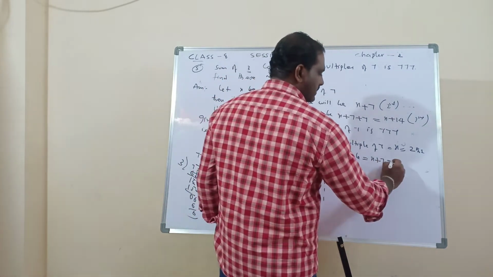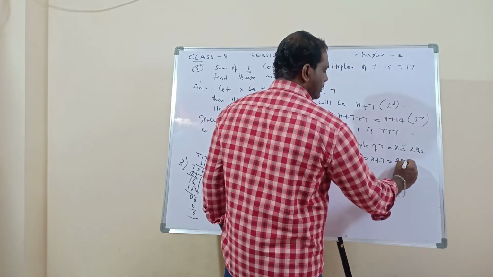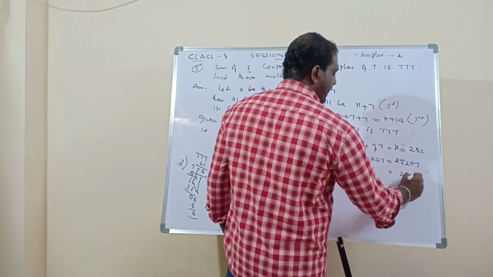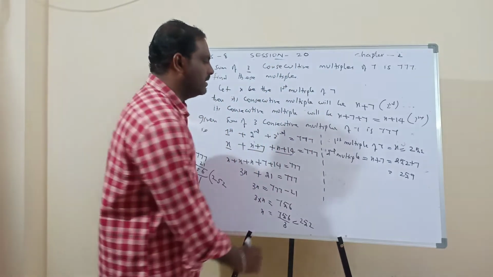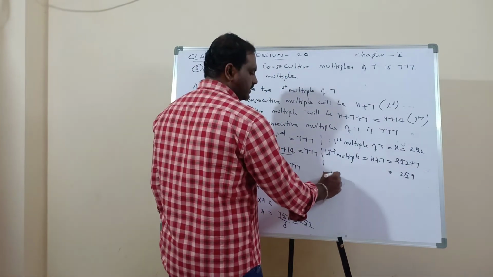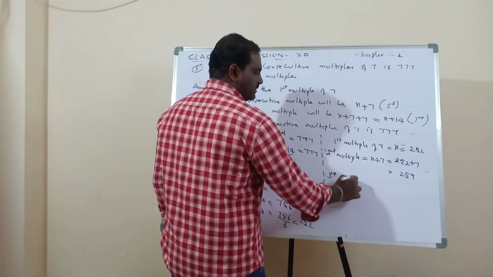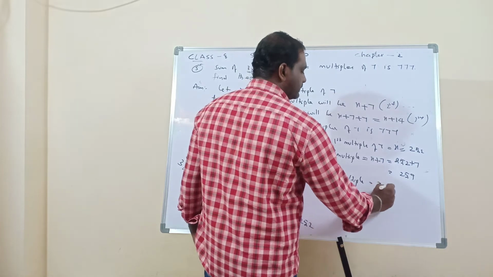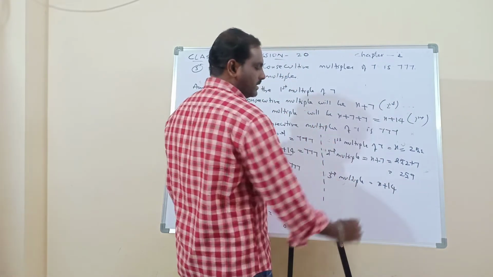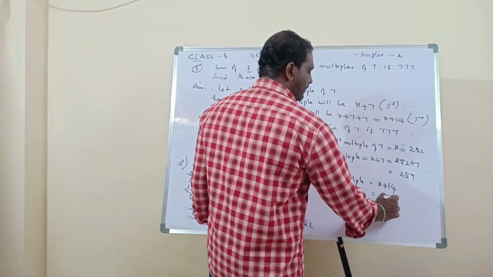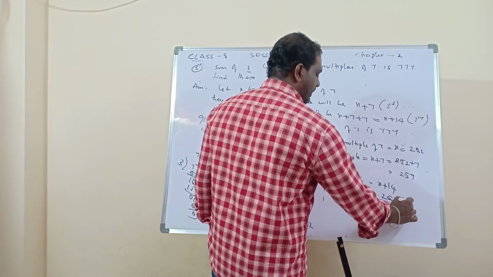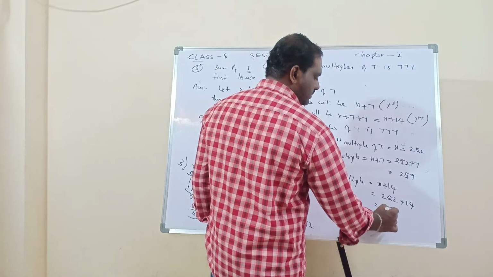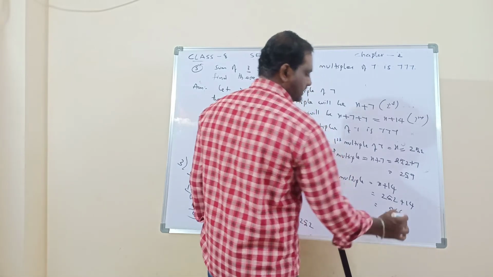So x is 252, plus 7, how much was it? 259. And third consecutive multiple is x plus 14. What is x plus 14? 252 plus 14. How much was it? I think it is 266.